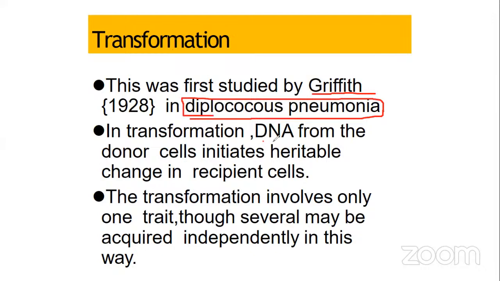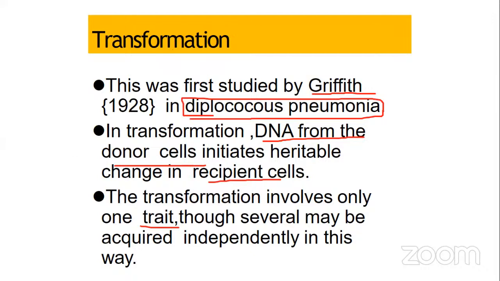In transformation, DNA from the donor cell initiates irreversible change in recipient cells. Remember this word. The transformation involves only one trait, so several traits may be acquired independently in this way.